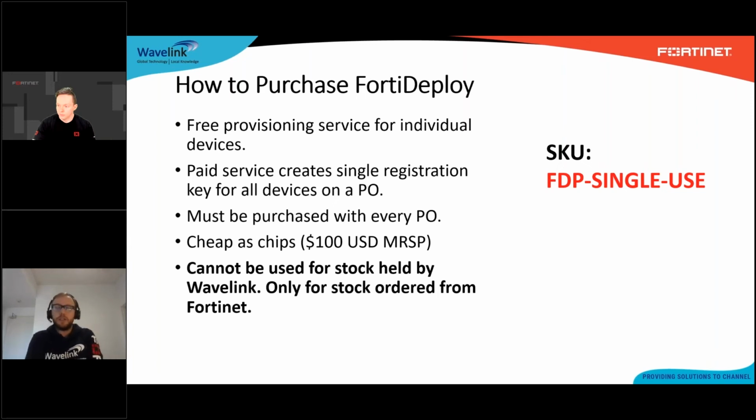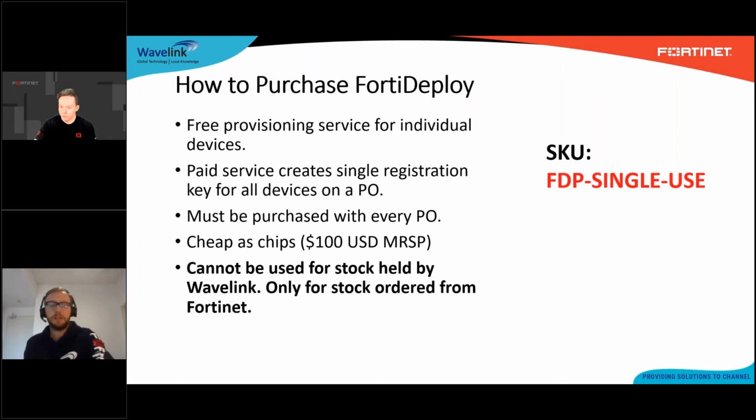The only hidden gotcha is that it will only be orderable for stock that we need to purchase from Fortinet. So that means if you're looking to purchase some, let's say, smaller FortiGate devices, like 5 FortiGate 60Fs, we would need to put the purchase order directly with Fortinet in order to enable FortiDeploy. Whereas items that we can sell you from our stock holding aren't eligible for FortiDeploy.